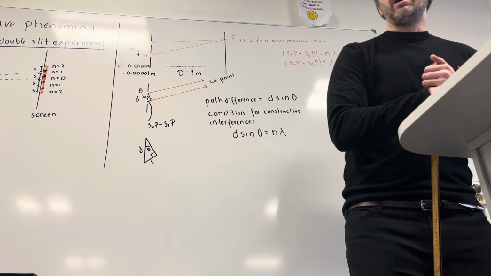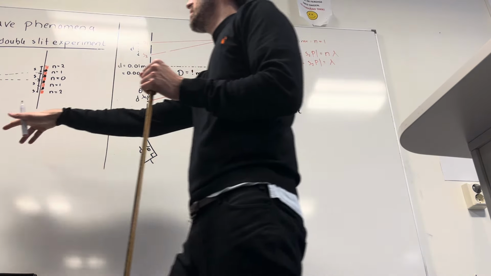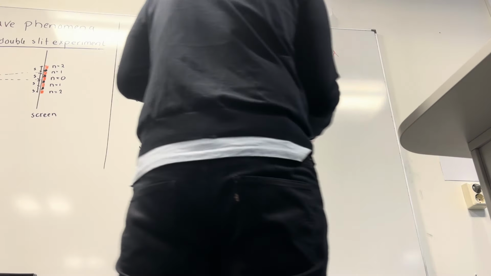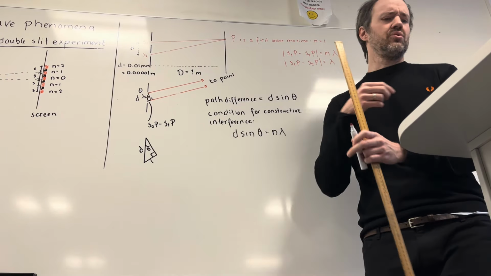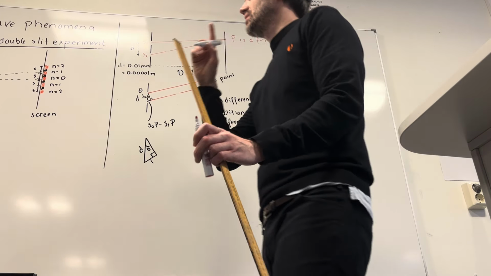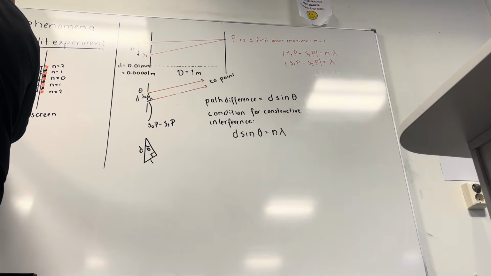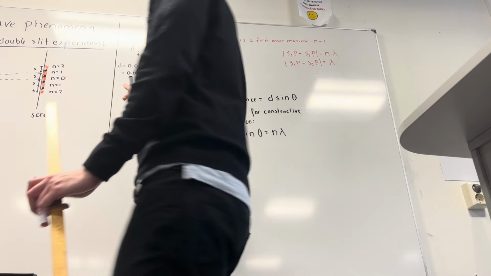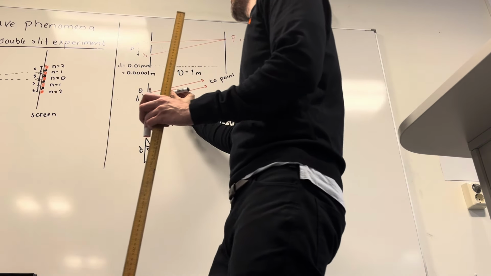All right. I promised you that I would derive this equation here, so I will do that. We have to draw a second diagram because we can see here, looking at this diagram, that this theta here is equal to this theta here.